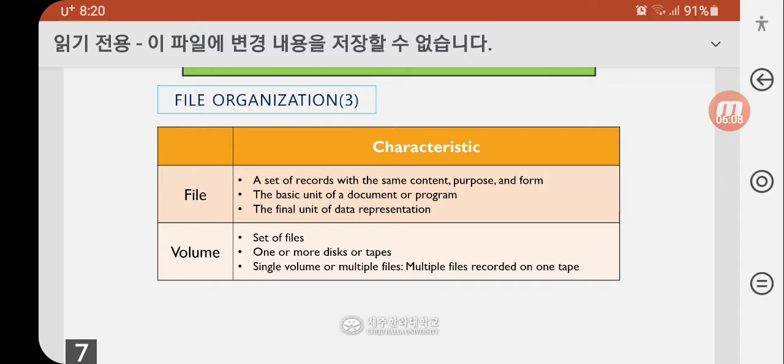And file is a set of records with the same contents, purpose, and form. The basic unit of a document or program. File is the final unit of data representation.